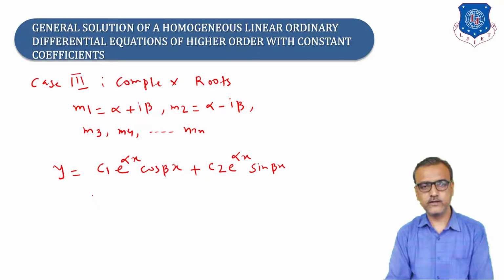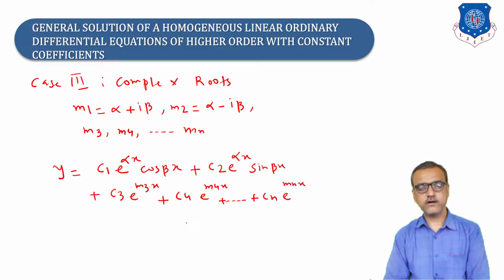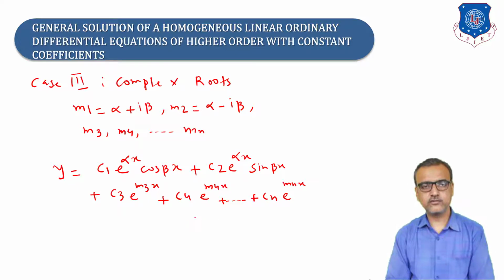And for the remaining roots, for m3 we will write c3 e raised to m3x plus c4 e raised to m4x plus and so on, plus cn e raised to mnx. This is how we write down the general solution when the roots are complex and real.